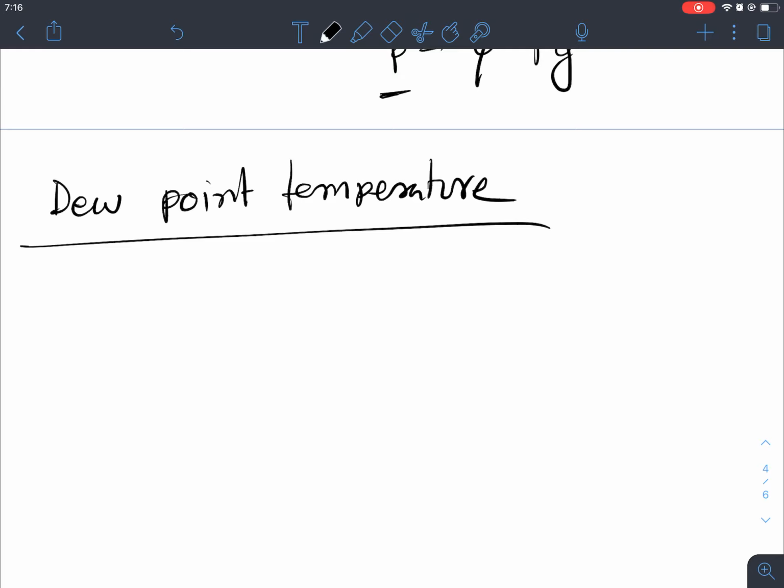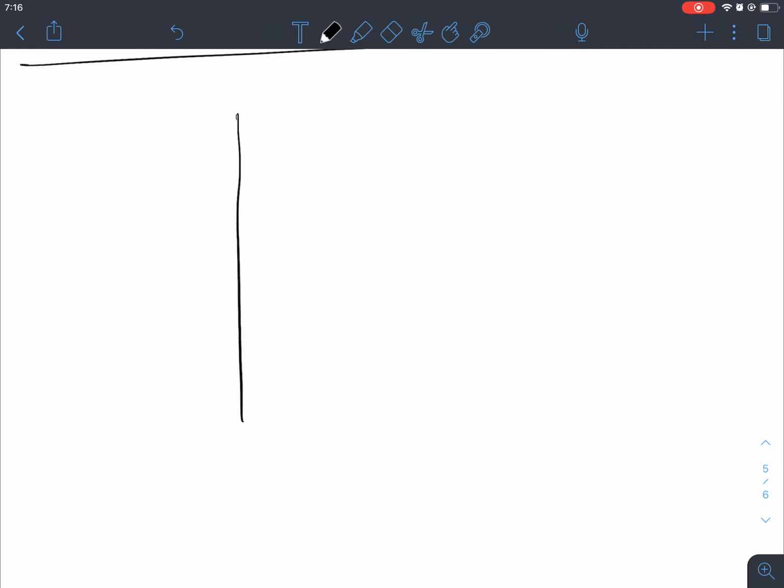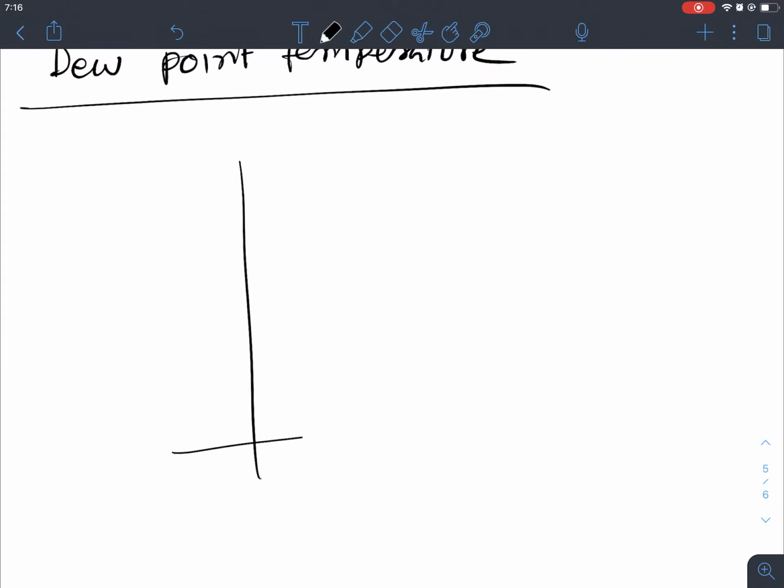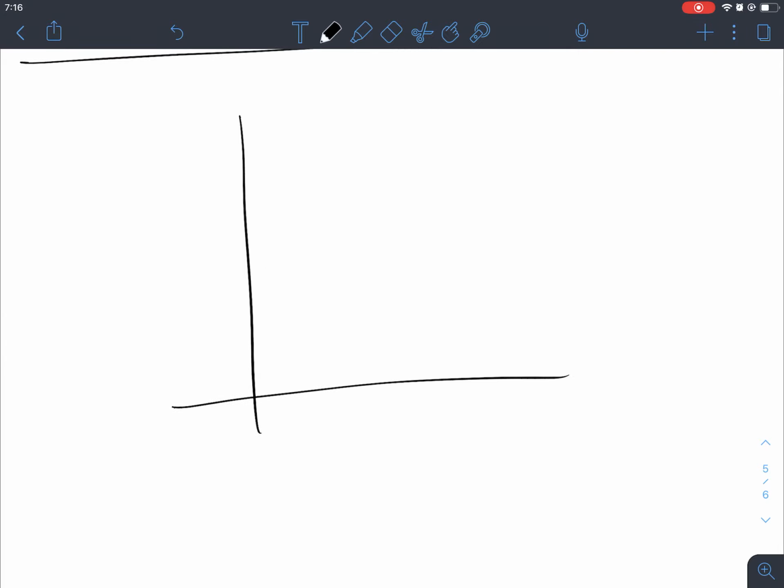Dew point temperature is nothing but, if you have a constant pressure line and you are decreasing the temperature, at some point you will see that it starts becoming liquid, right?